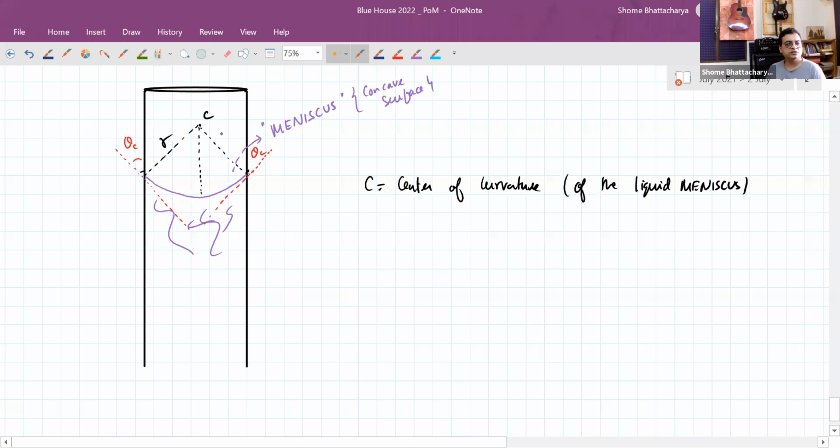And R is its radius of curvature, again of the liquid meniscus. Okay. Whereas if we drop this perpendicular here, this is capital R. This is the radius of the capillary.